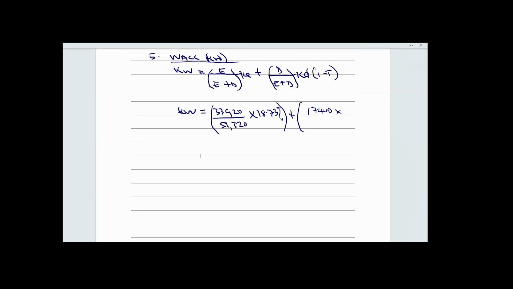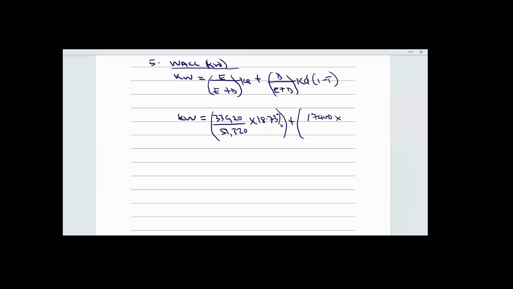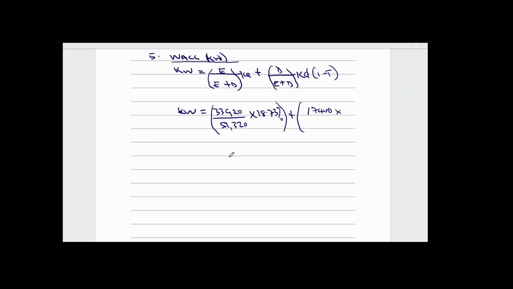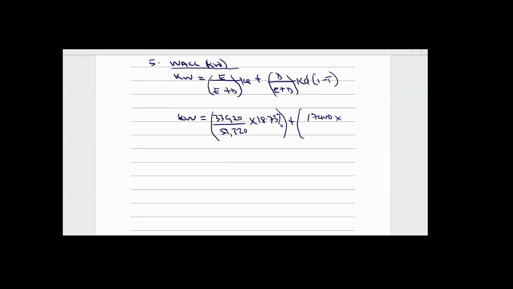What's the cost of debt in the question? The examiner has told you that corporate debt may be assumed to be almost risk-free and is available to Kilimanjaro at 0.5% above the treasury bill rate of 9%. So that will be 9 plus 0.5, which is 9.5%.